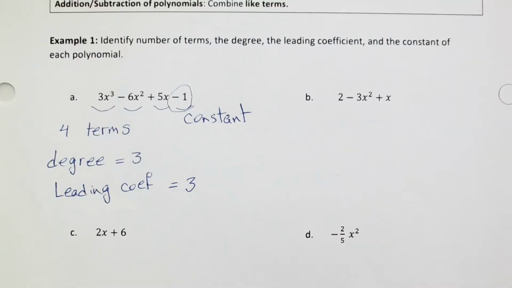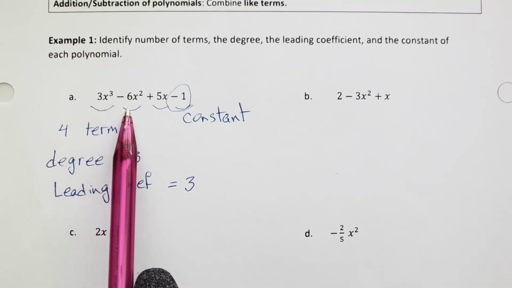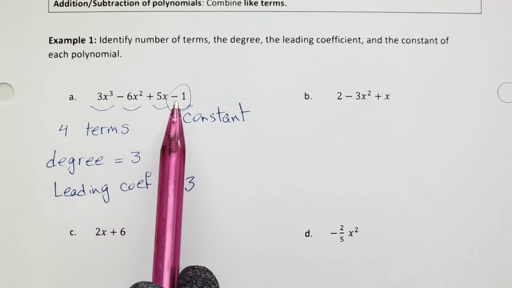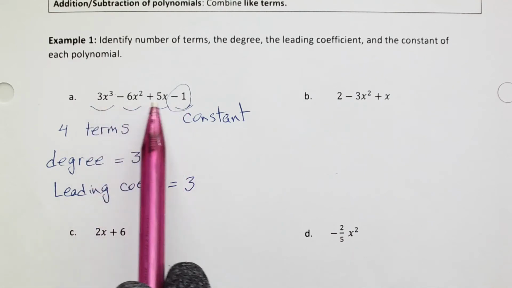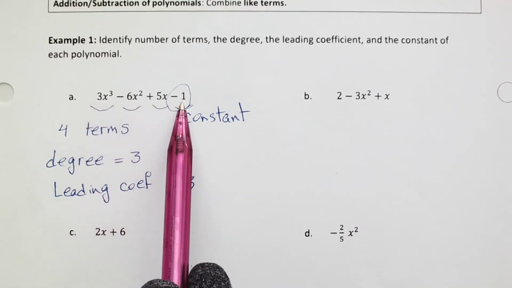Let's solve some examples in your notebook. Example 1 says, identify the number of terms, degree, leading coefficient, and constant of each polynomial. The first one, 3x cubed minus 6x squared plus 5x minus 1. We have 4 terms, so this polynomial has 4 terms.